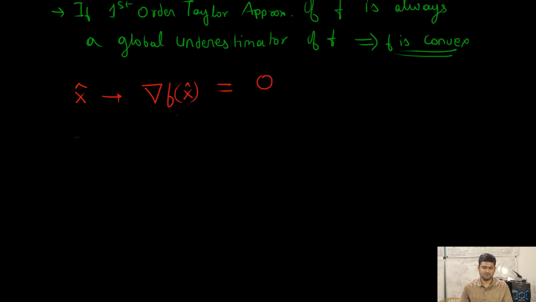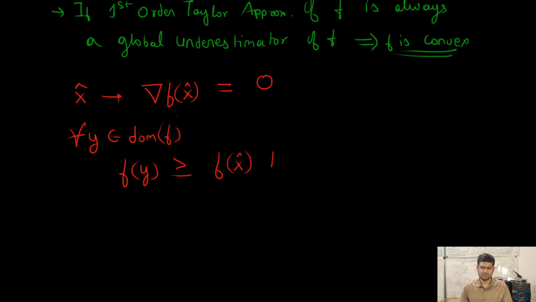So that implies for all y in the domain of function f, f satisfies that f of y is greater than or equal to f of x hat plus the gradient of f of x hat transpose times y minus x.